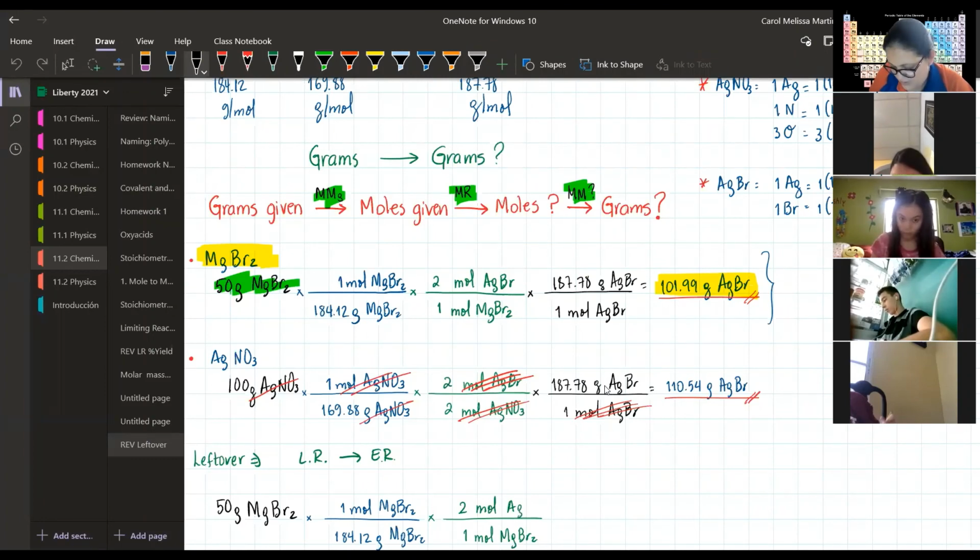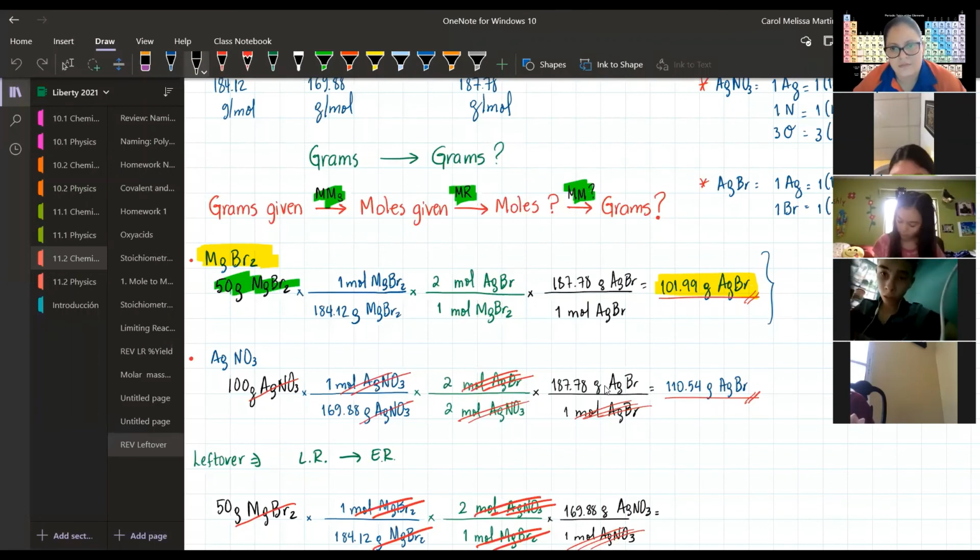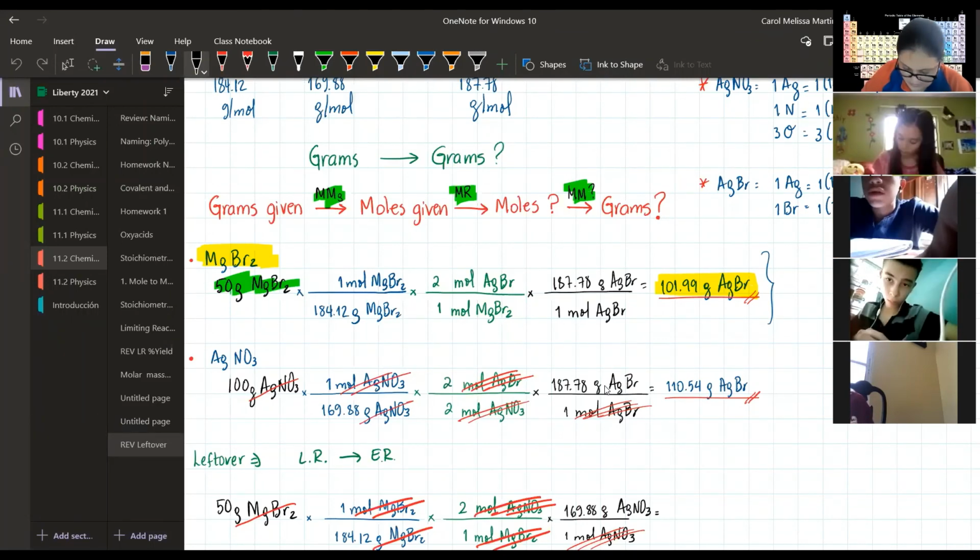And then the molar mass of the unknown, in 1 mole AgNO3, 169.88 grams. How much is this? 92.27.